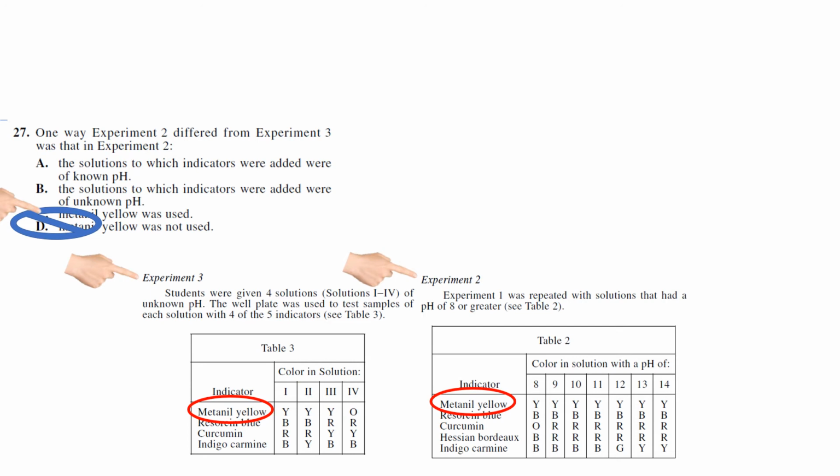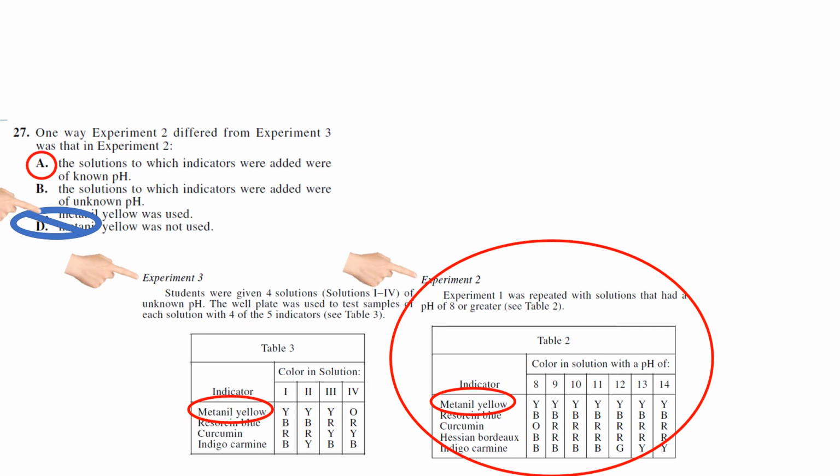You need to read this as it's stated in the question. In experiment 2, they do know the pH, so the solutions were of a known pH. If it had said experiment 3, then the answer would have been B. So you just have to pay attention to the reading.